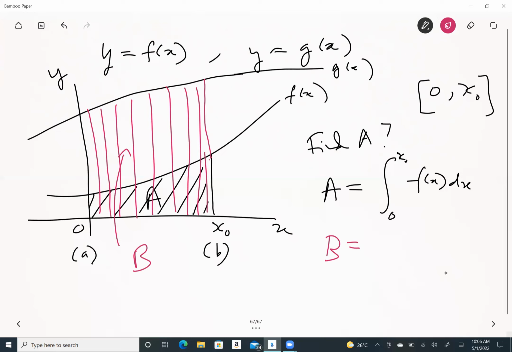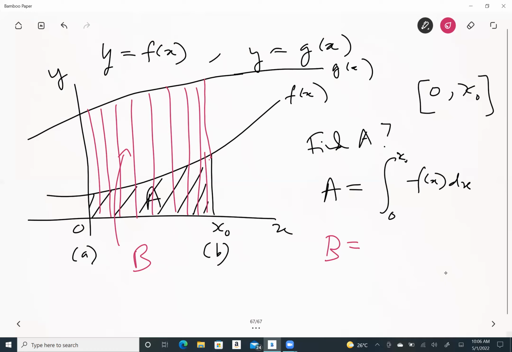Tell me the function. g of x, dx. So the area is the area from 0 to x0 under g of x. Good. So that is essentially what we learned on Monday.